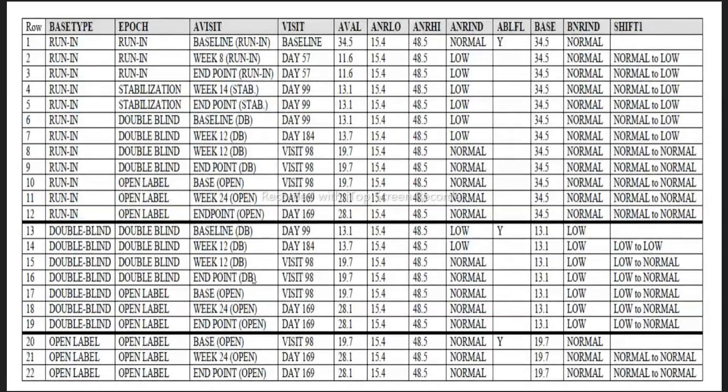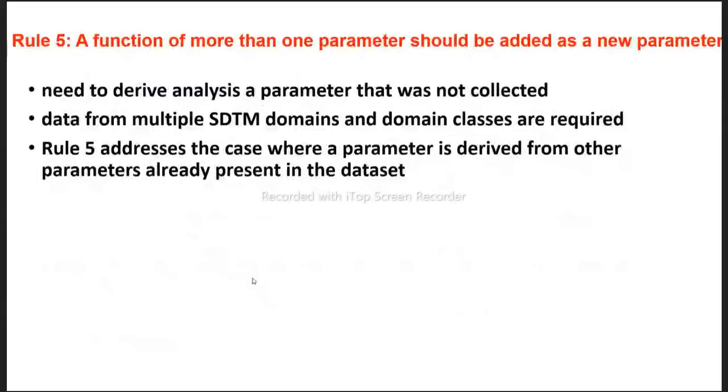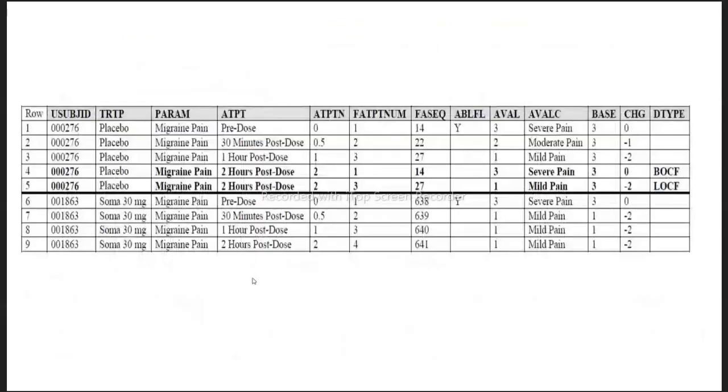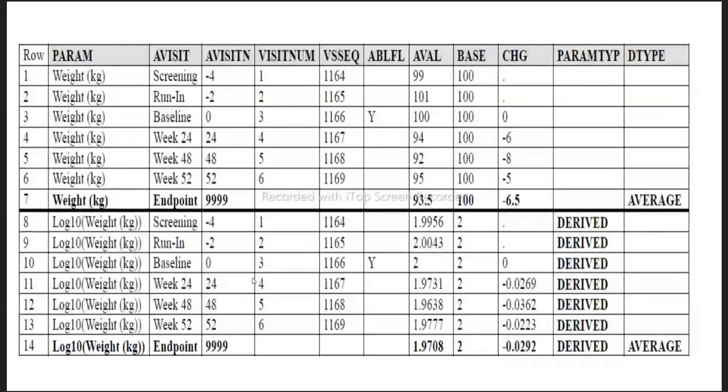So these are the 6 rules that we have in ADaM for when we should create a new variable and when we should create a new observation. Out of 6 rules, only in the first rule we create a new variable, but in all the remaining 5 scenarios, we should go with a new set of observations.